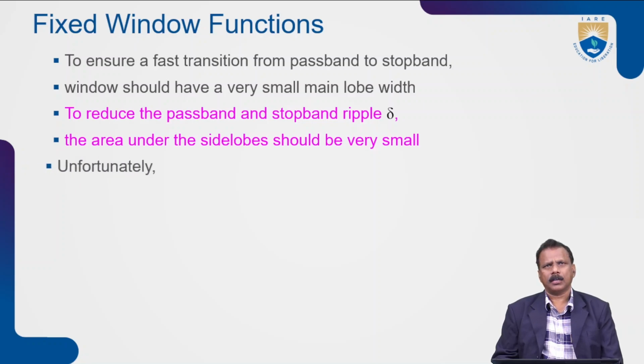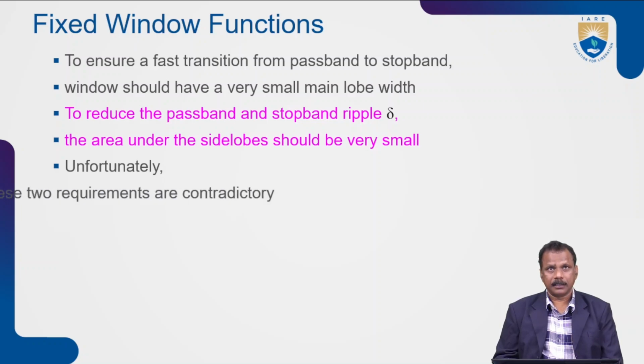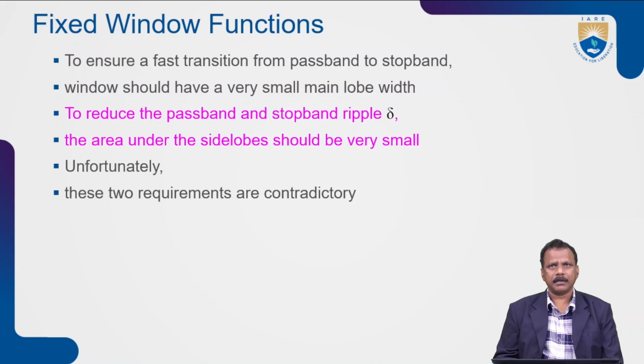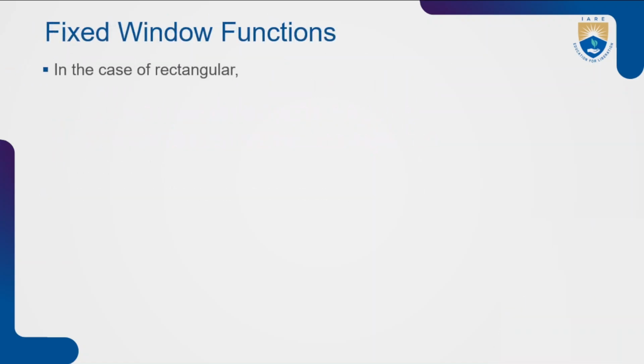While using the fixed windows, we will observe this practically. Unfortunately, to reduce the passband and stopband ripple, the side lobe should be very small. So these two requirements are contradictory, and we have to overcome these particular cases.